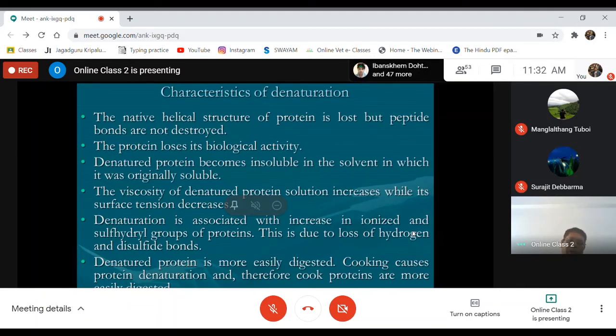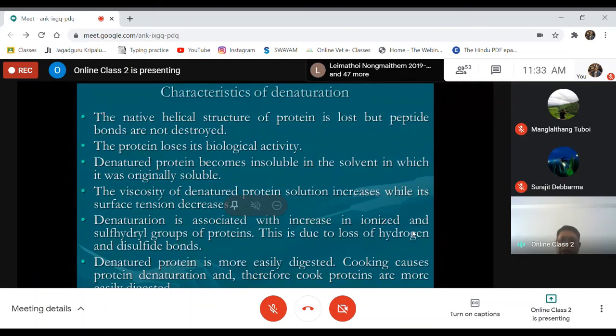But for some of the proteins present in solution, you may add some salts like ammonium chloride. You add the ammonium chloride, then the proteins will be denatured and you will get a precipitate. That is denaturation. But you can remove the salt that you have added, the ammonium sulfate, from the protein, and then the protein will become soluble again.